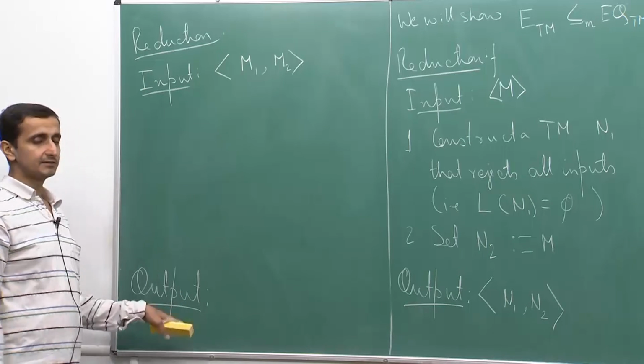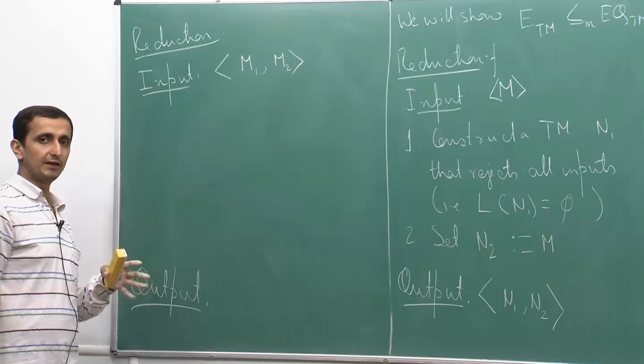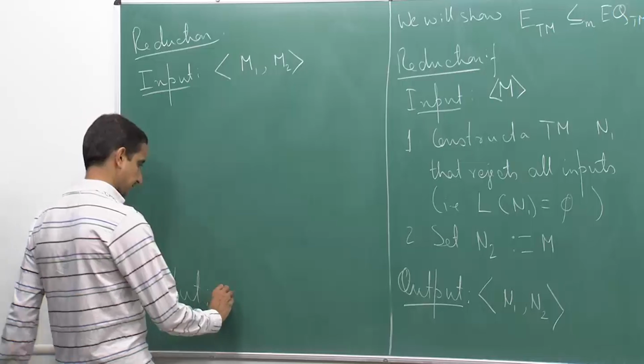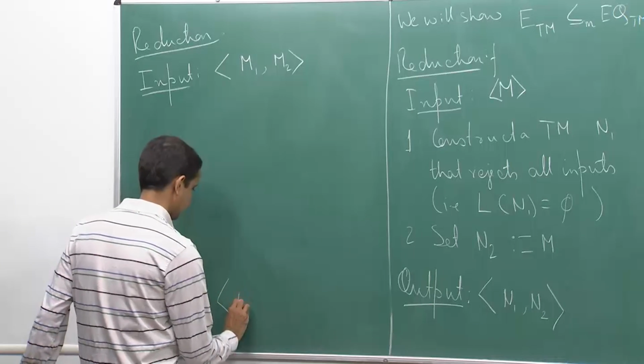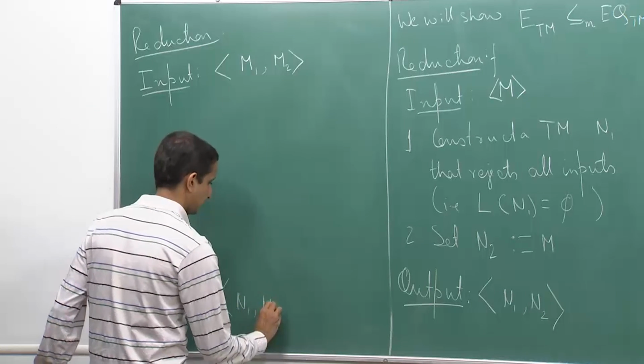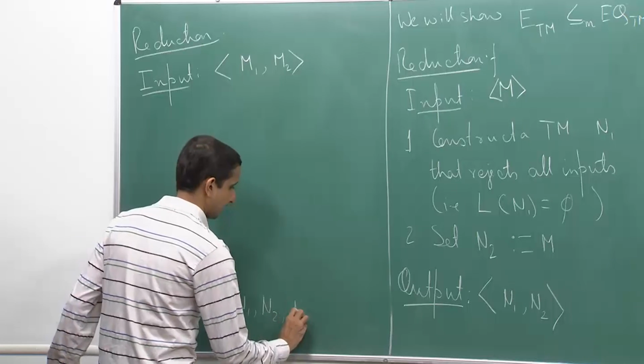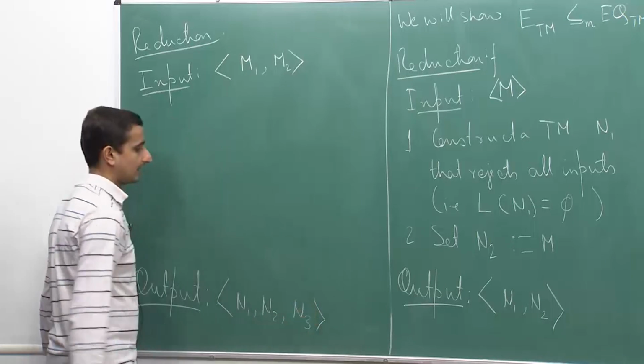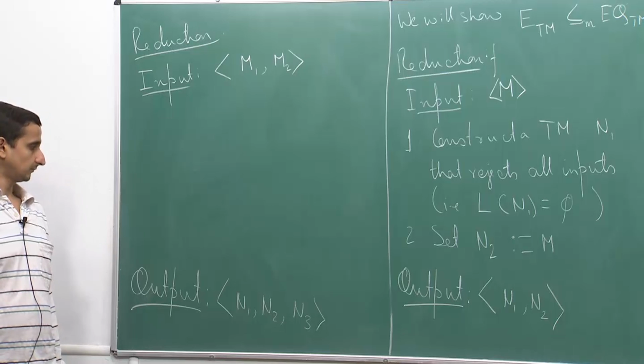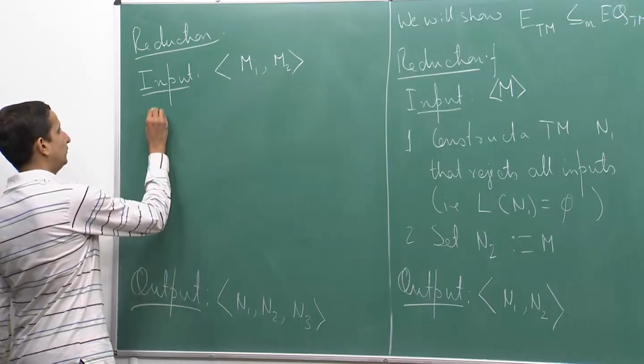is an instance of ConTM, which is an encoding of 3 Turing machines. So, I will have N1, N2 and N3. Okay. So, what do we do?